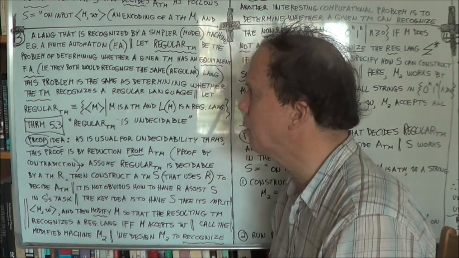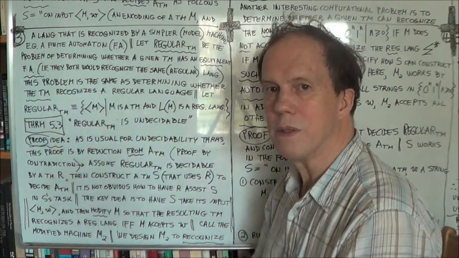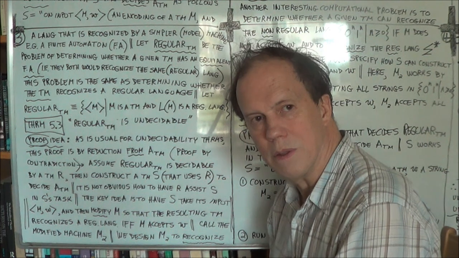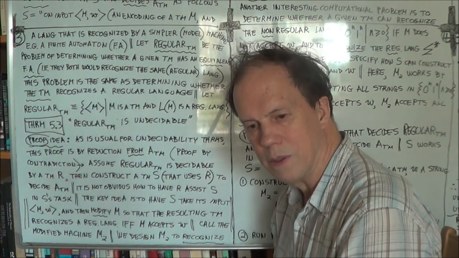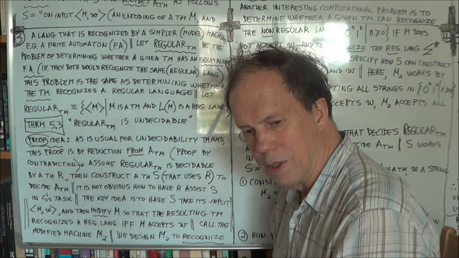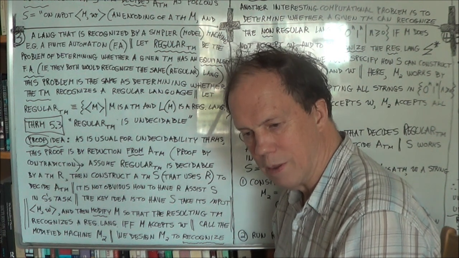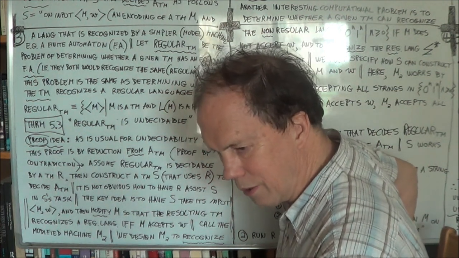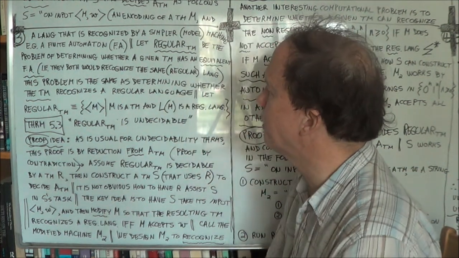Now, we're talking about finite automaton, so that's all it does. It recognizes a language. It will accept every member of the language, every string in the language.